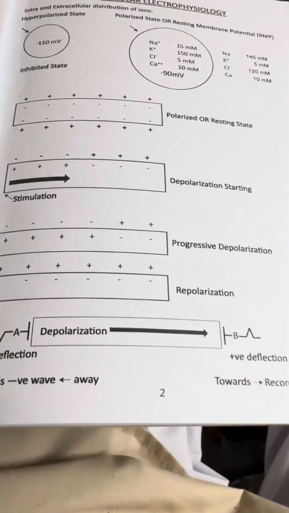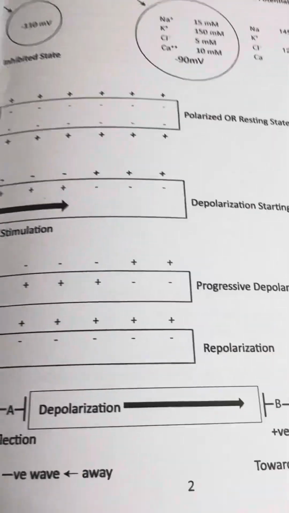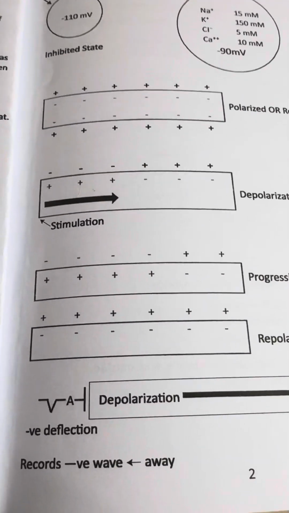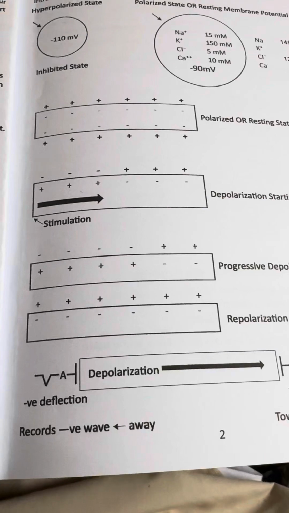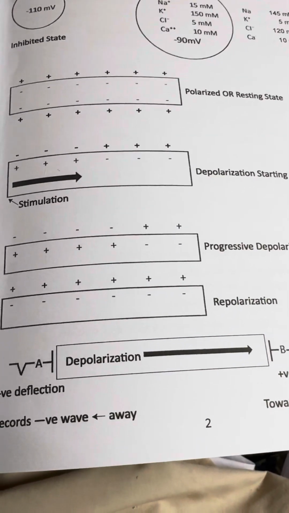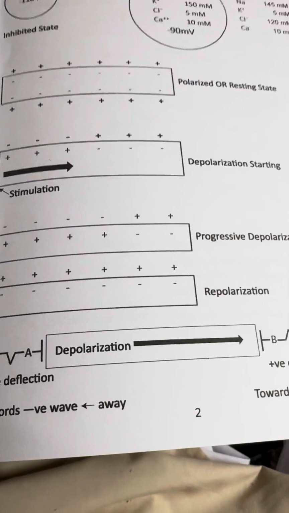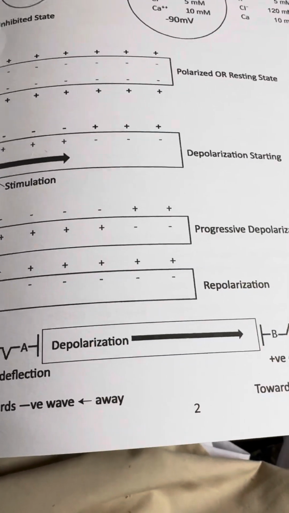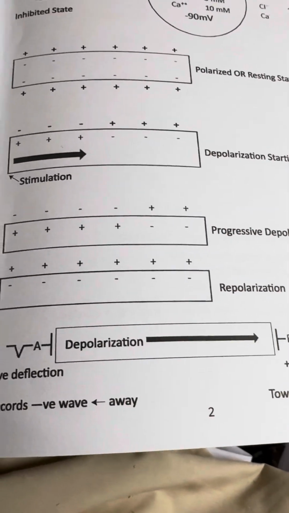Let me sum up. Outside is positive, inside is negative. Outside, sodium is more than inside, while potassium is more inside and less outside.